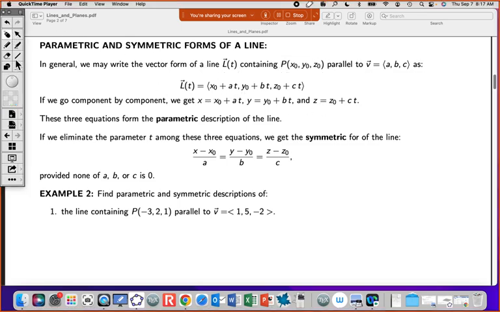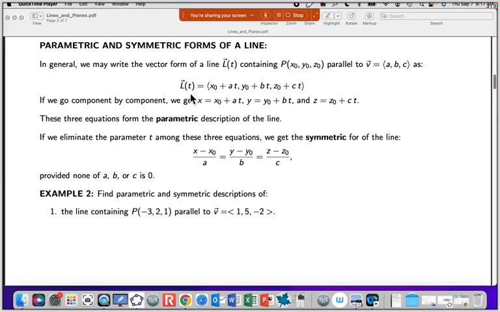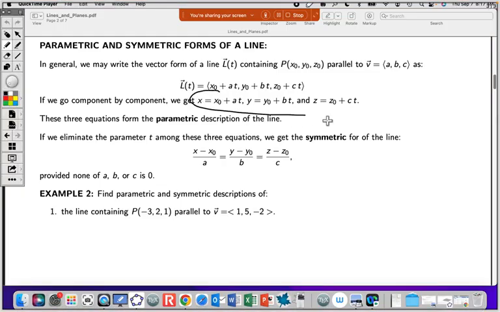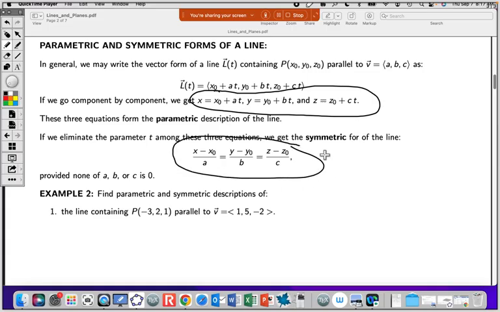Now the parametric form, or the parametric description of the line, is just calling out the x, y, and z components. And if we solve each of these equations for the parameter t and set the results equal to each other, thereby eliminating the parameter, we get the symmetric form of the line.